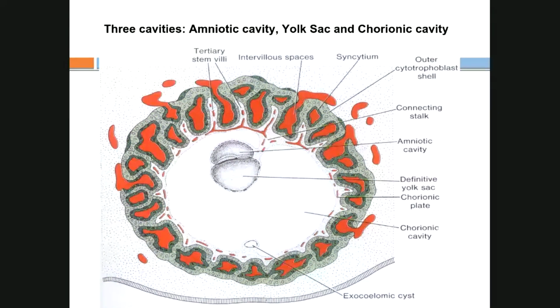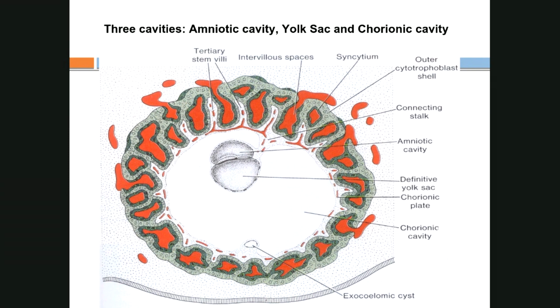Whatever is above the embryonic disc, we call it amniotic cavity. Whatever is below the embryonic disc is known as yolk sac. So you can see in this slide that it is like two balloons floating in one large balloon.